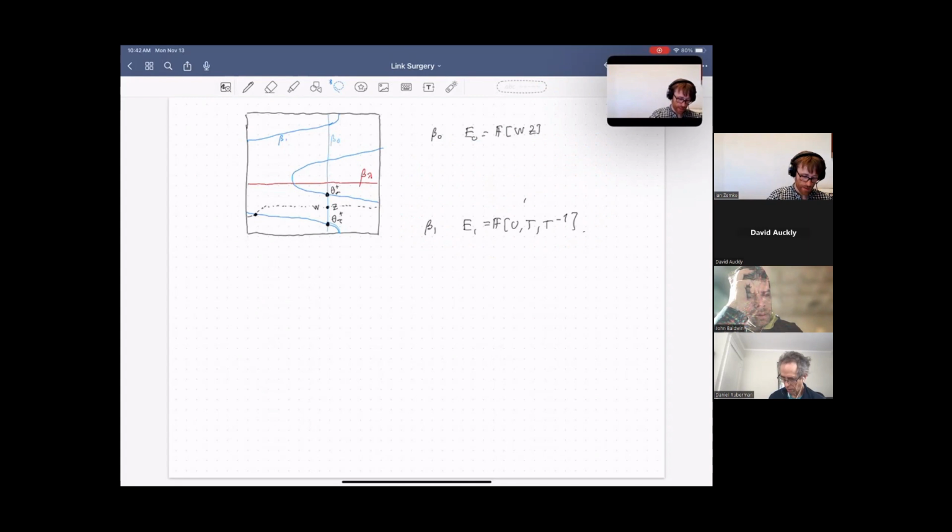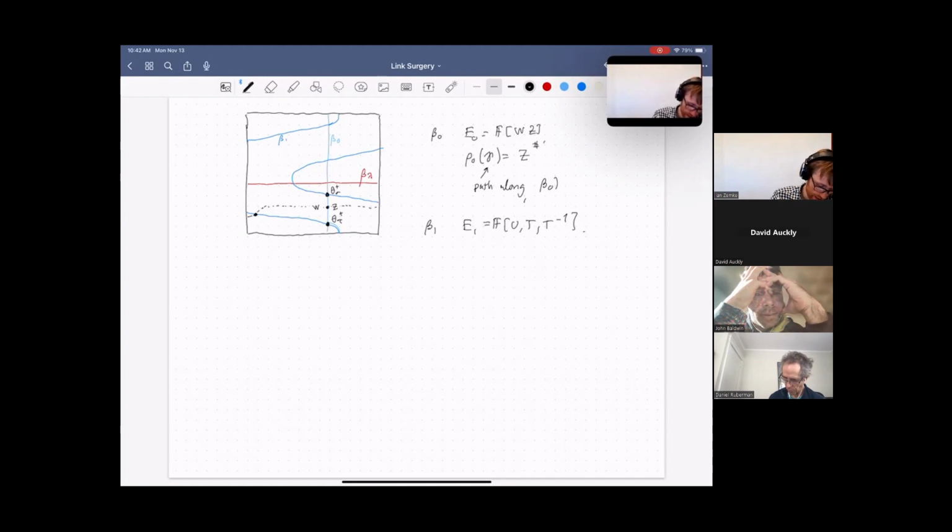The monodromy map rho 0 of a path gamma, let's call this a path along beta 0, is going to be Z to the intersection number of gamma with this, which I'm going to call the shadow K. So K is the shadow. Oh, and maybe times the identity.